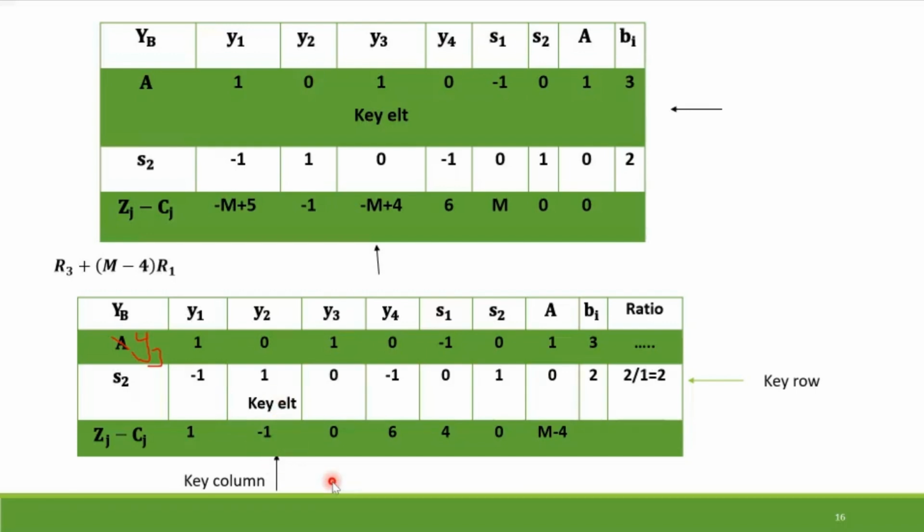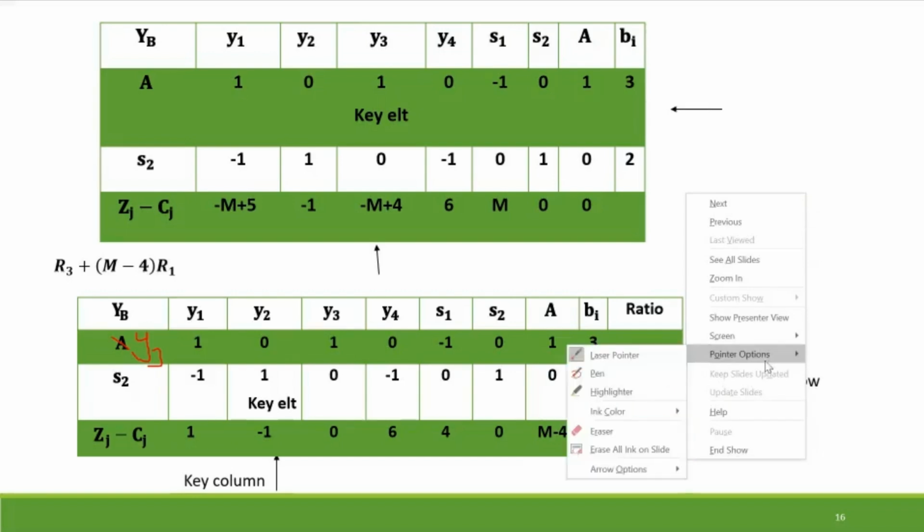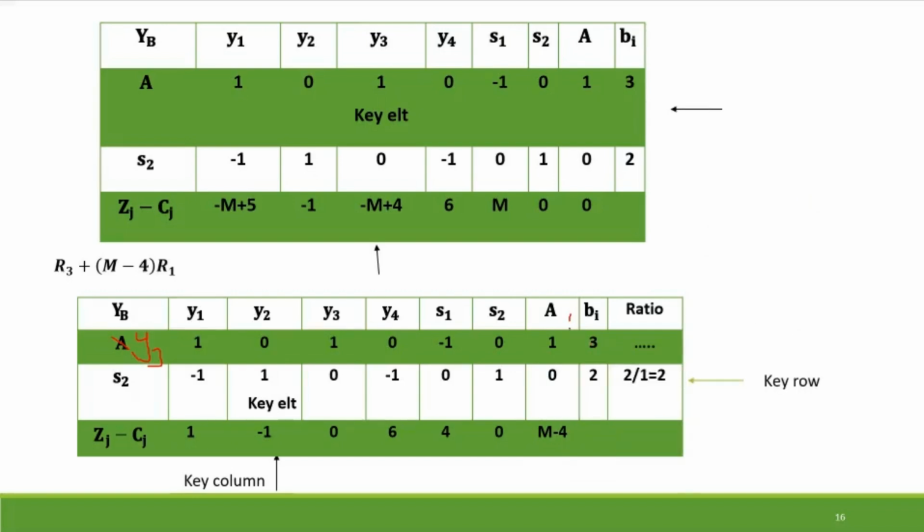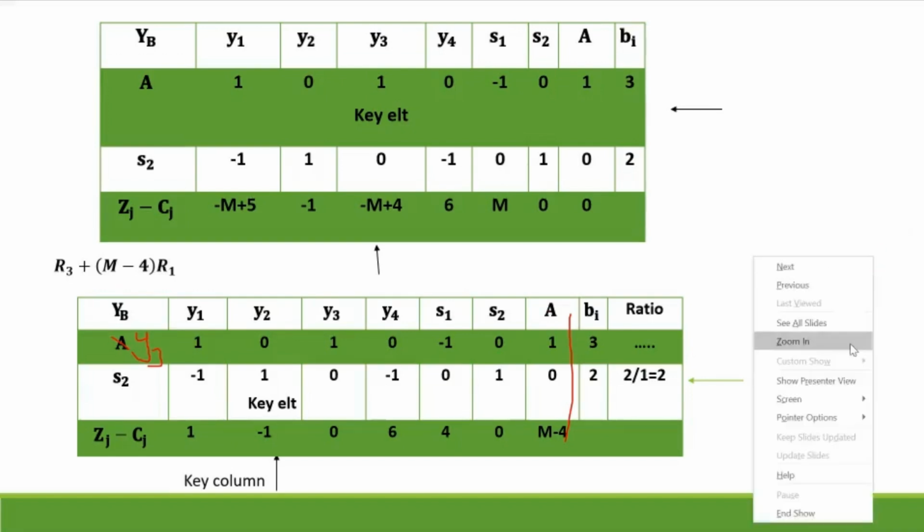Now you can cancel even this A column because now it is no more 0 here. Yes, we can cancel, I forgot to do that. We can cancel this A part. Cancel this row. There is no need to carry it to the next table; in the next table we don't have to write that A column. So in the next step, use the row transformation R3 plus R2 and then write the final answer.